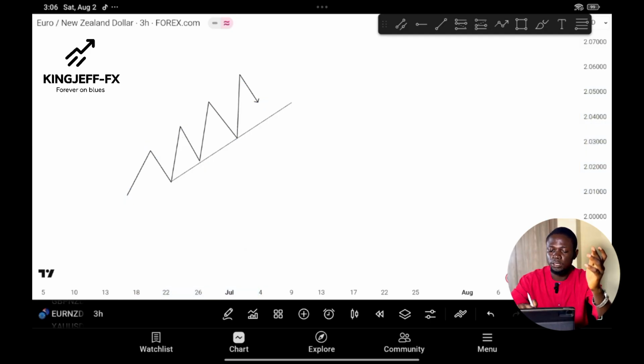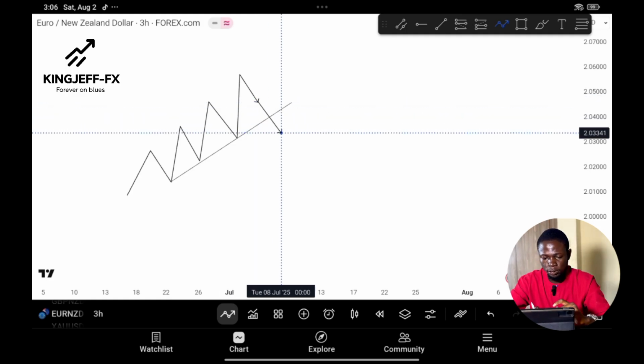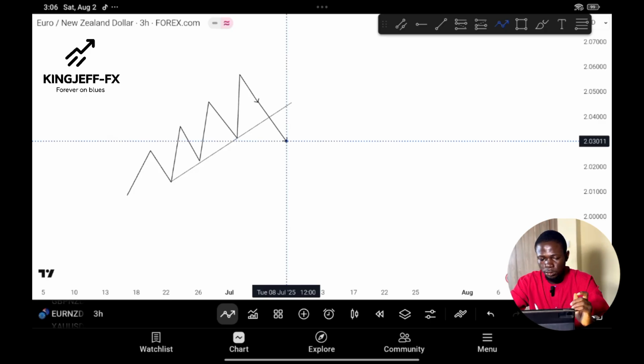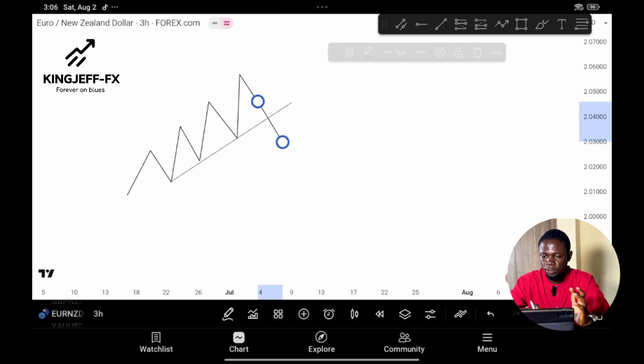So here is how to notice a breakout from this market. Once price breaks out from this market, as you can see on my screen, you must wait for a retest of that trend line first before you think of going into the market, before you think of shorting the market. Do you understand? You must wait for something like this to happen in the market.